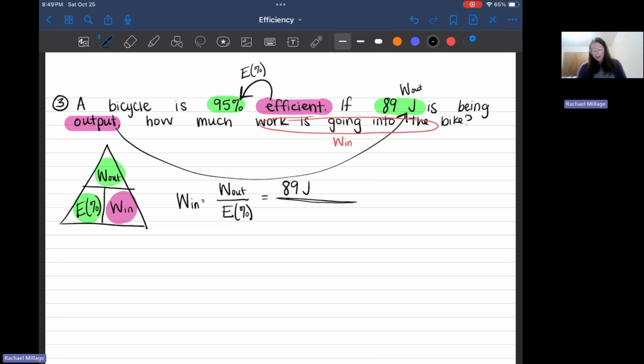But when we divide by our efficiency, we're not dividing by 95. Because what do we have to do after to get our efficiency? Multiply by 100%. So what we're actually going to do is take that 95% and, to turn it into not a percent, we have to divide by 100. So 95 divided by 100 is going to be 0.95.